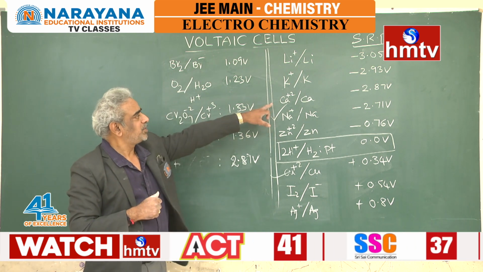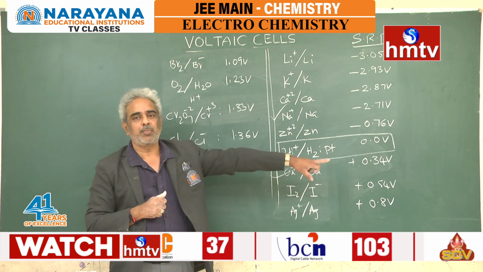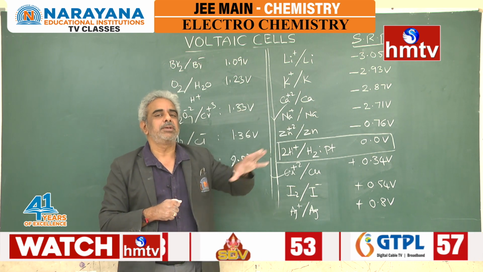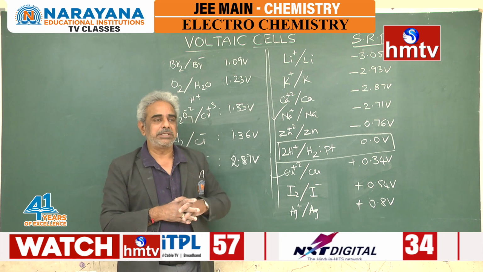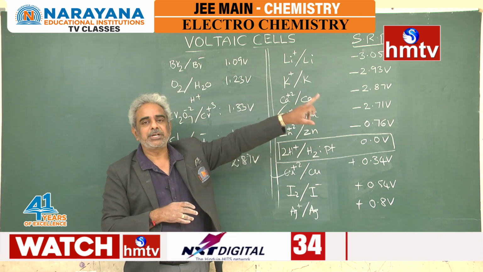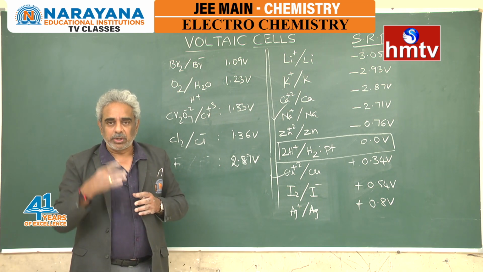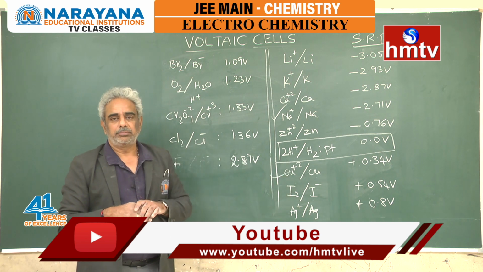So calcium having minus 2.87 compared to copper 0.34, calcium is a much better and active metal because its tendency to undergo reduction is low and its tendency to undergo oxidation is more. So calcium is a much superior metal when compared to copper.